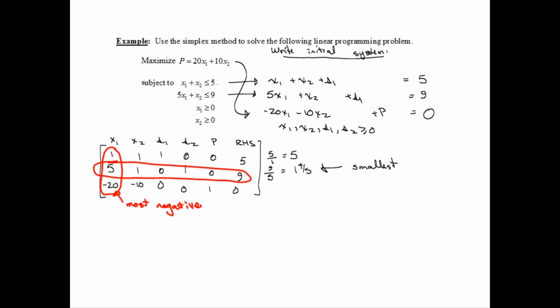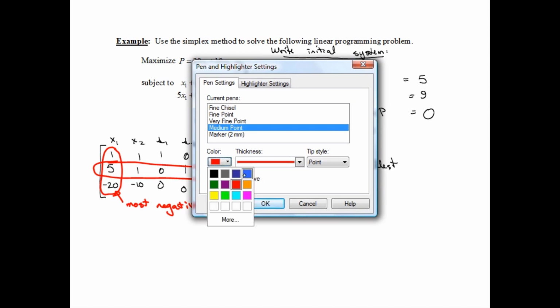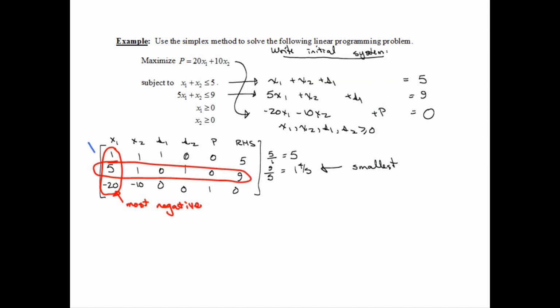And in our pivot operation, what we want to do is get this number, that pivot element, to be a 1, and then everything else in that column will be replaced by a 0. That's our goal. And we're going to do that by doing row operations.